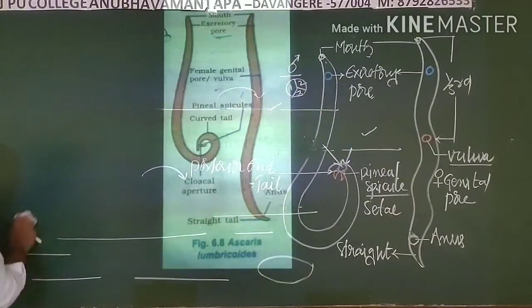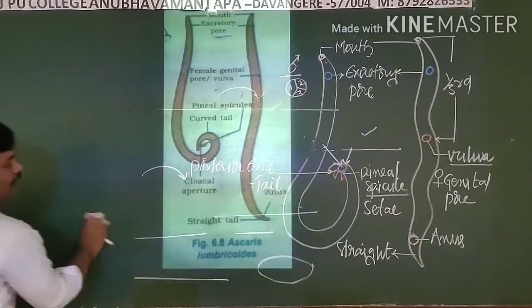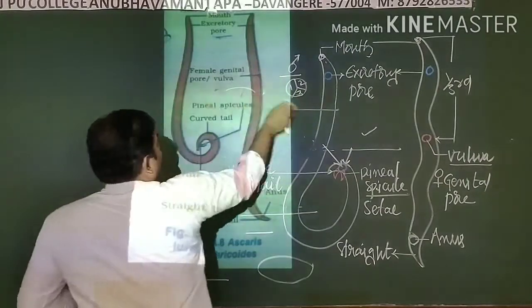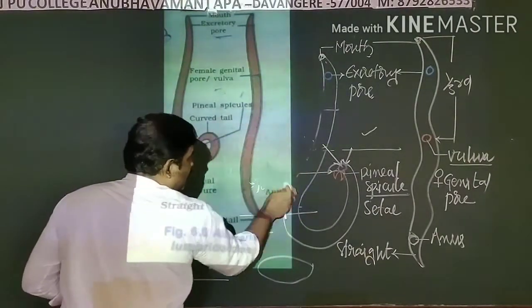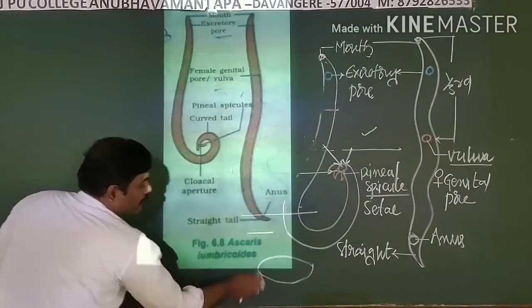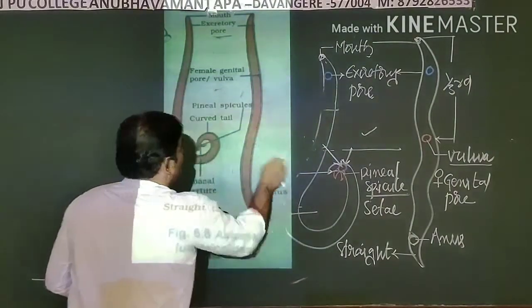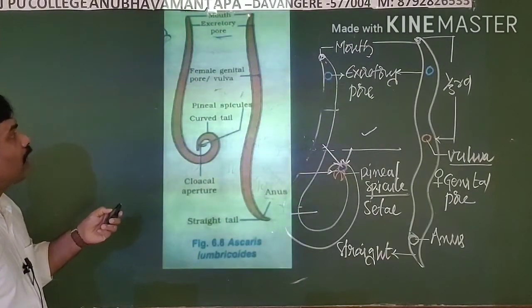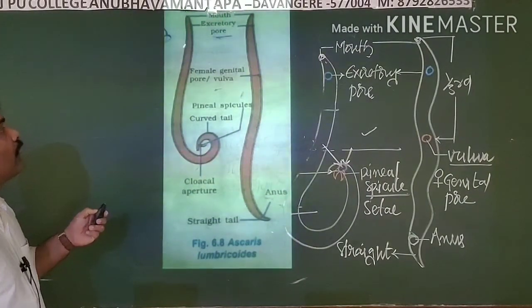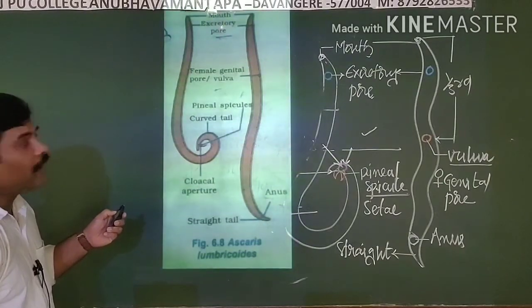Before I get into the mode of infection, I'd like to give you the real picture of this Ascaris lumbricoides. You can see all the points clearly. This is the male worm, which has a mouth, and the female worm also has a mouth. Very close to the mouth, you can see the excretory pore.